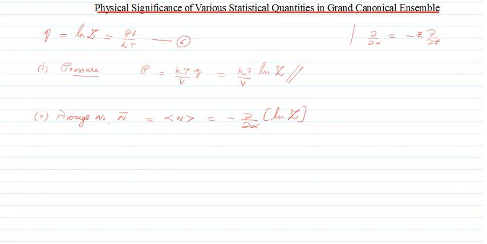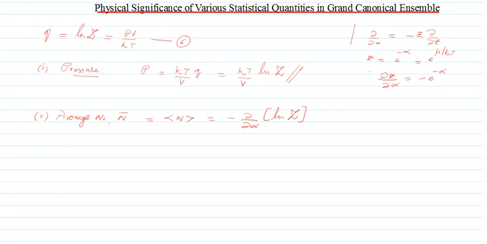So you have Z, the fugacity, equal to e raised to minus alpha, which is equal to e raised to mu by KT. That is the definition of the fugacity. Therefore we can say that dou Z by dou alpha will be equal to minus e raised to minus alpha.